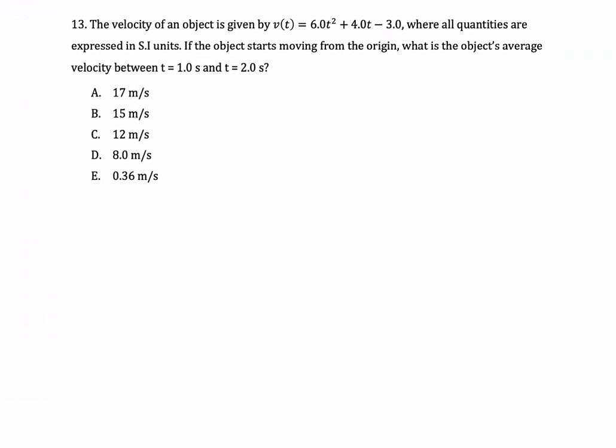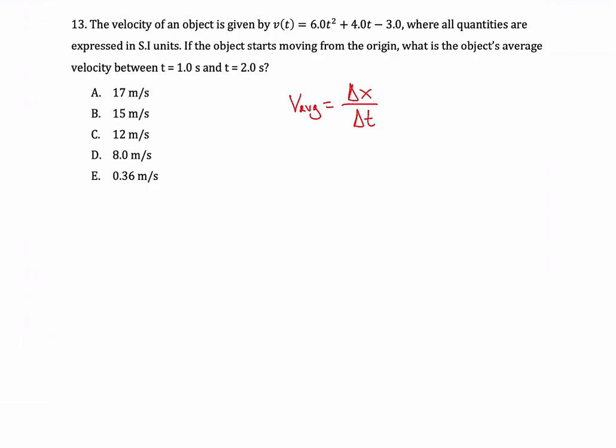We can continue with another example for kinematics, and we are given an expression for velocity. From this, we need to find the average velocity between 1 and 2 seconds. We need to remember that the average velocity is displacement over time.